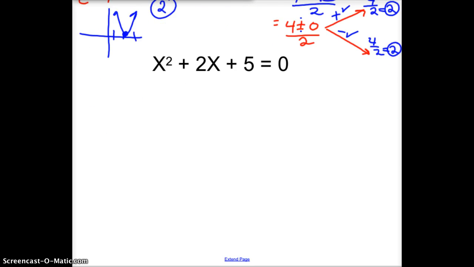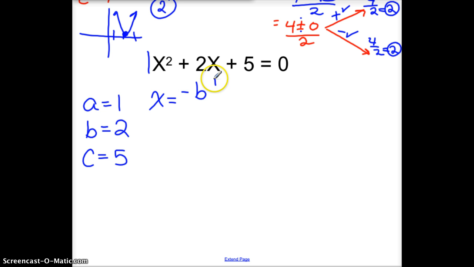The next one, again, we start by getting it equal to 0, which it already is. We identify our A, we identify our B, we identify our C. Then we take out our map. If we forgot it, we go look. It's x equals opposite of b plus or minus the square root of b squared minus 4ac all over 2a.